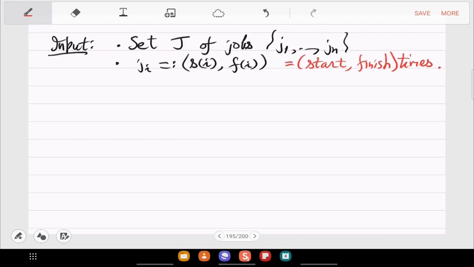That is, the hour at which the ith job will start and the hour at which it will finish. This tuple is provided for each ith job, and a single server is there, but only one job at a time.